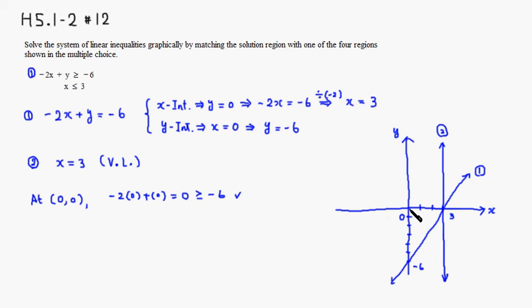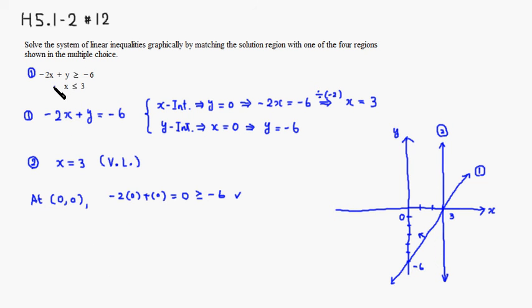Which means that we need to shade the half plane which contains 0, 0. So this is the borderline, and we need to shade this side of the half plane. We can do the same thing: does 0, 0 satisfy the second inequality?